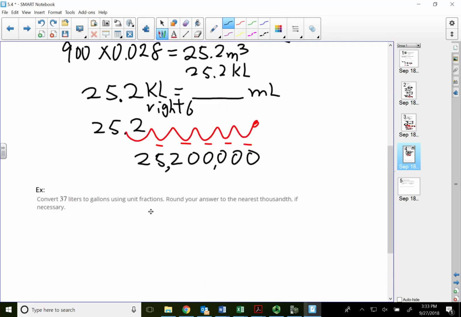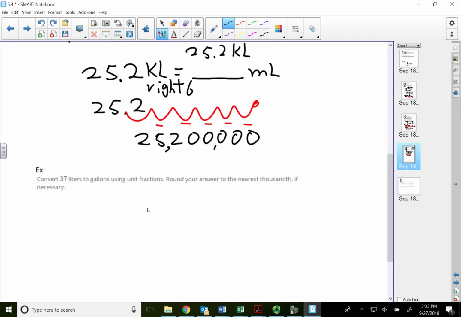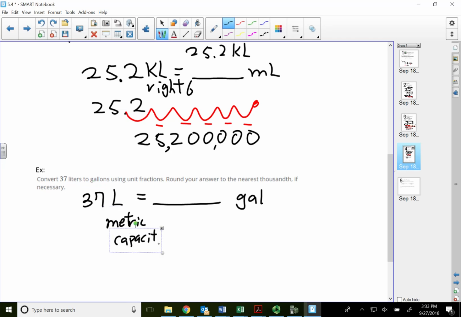All right, let's try this one. Liters to gallon. 37 liters, which is metric, need to convert to so many gallons. All right, so this is metric capacity. And need to convert to US capacity.